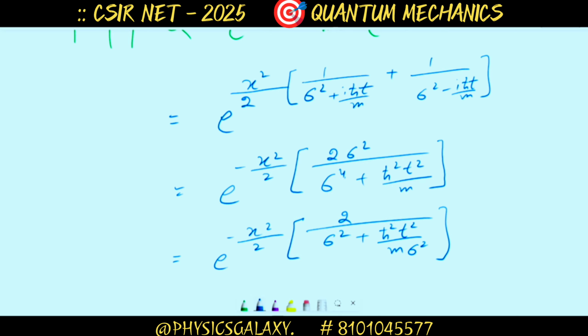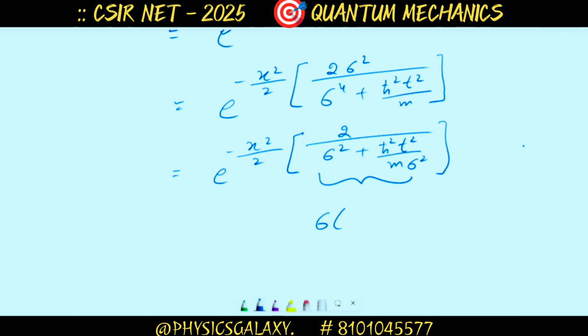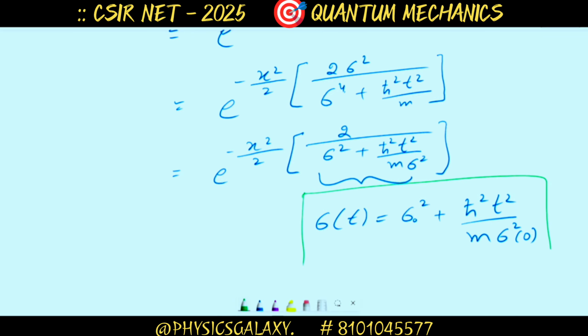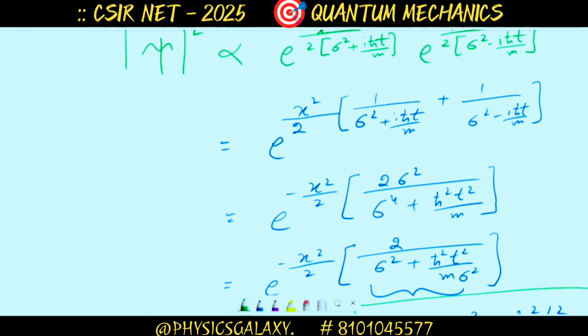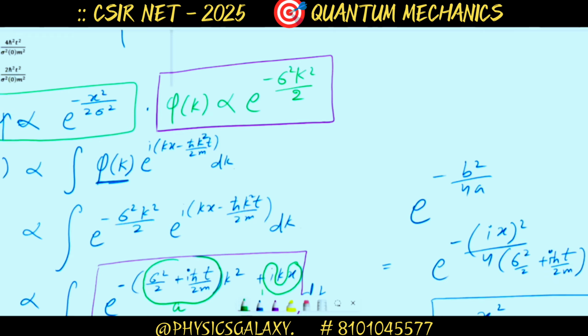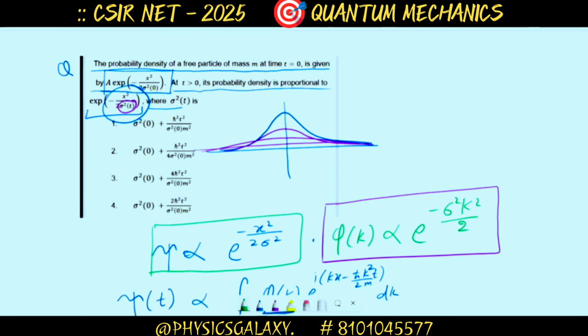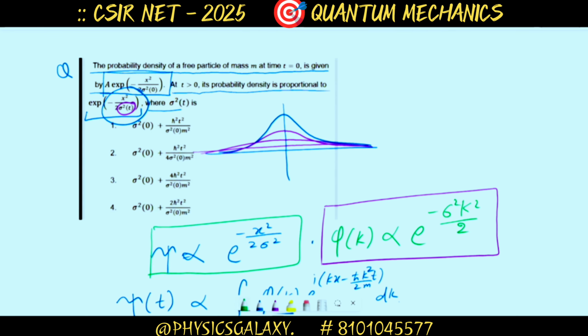So this is sigma at any t, sigma as a function of t: sigma naught square plus h cut square t square by m sigma square at t equal to 0, right? So if we look at the options, it's option number 1.